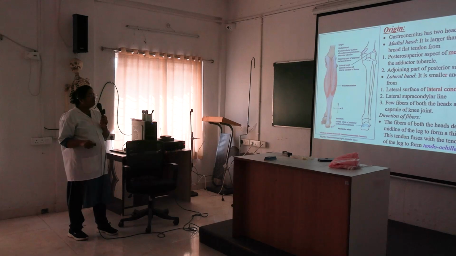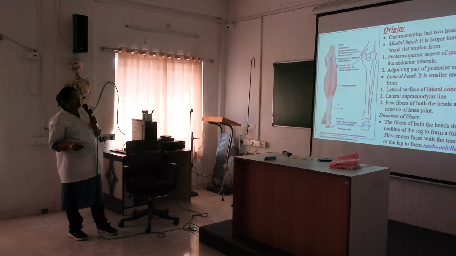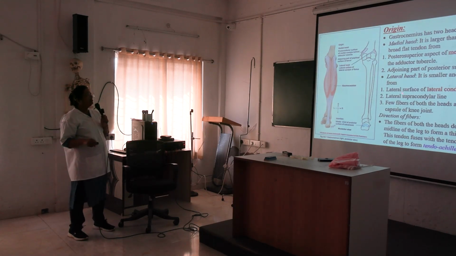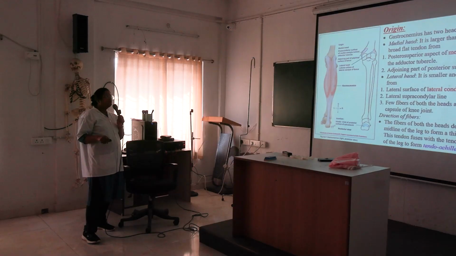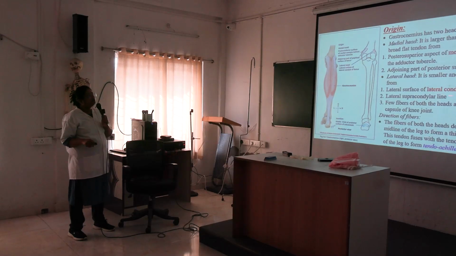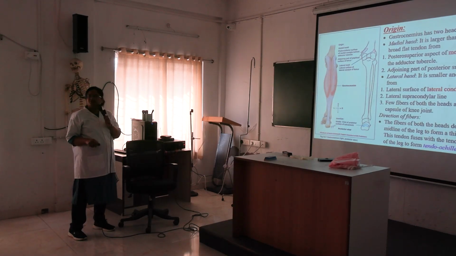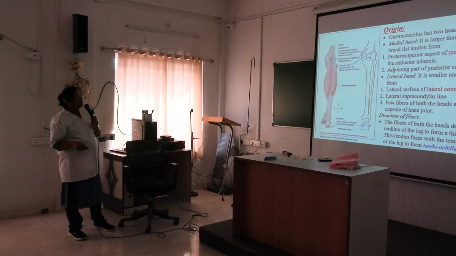And lateral head is smaller and arises by a broad flat tendon from the lateral surface of lateral condyle of femur here and lateral supracondylar line. And few fibers of both the heads arise from adjoining part of capsule of the knee joint. Okay. What are the direction of fibers?